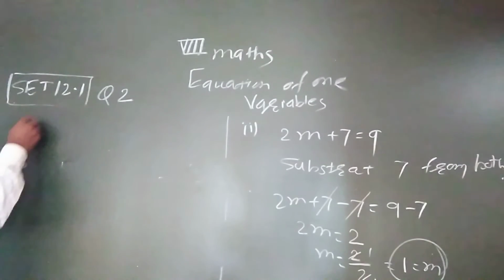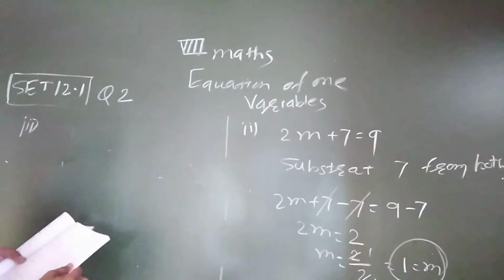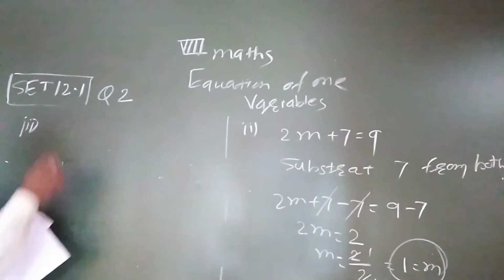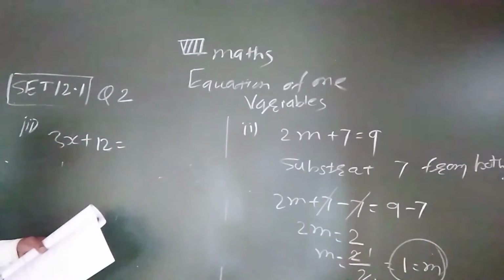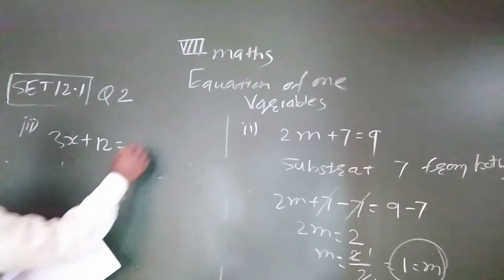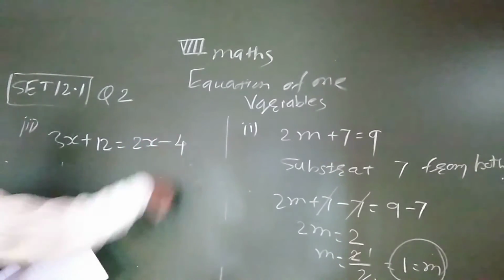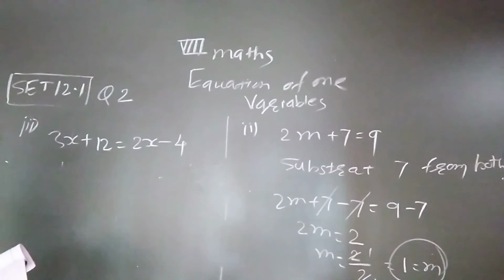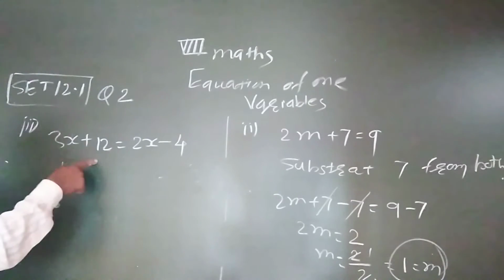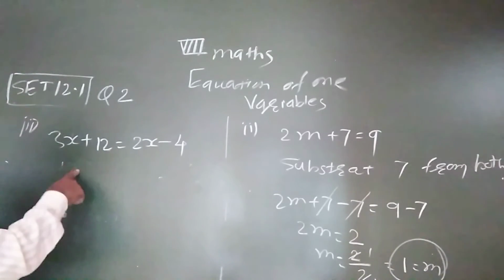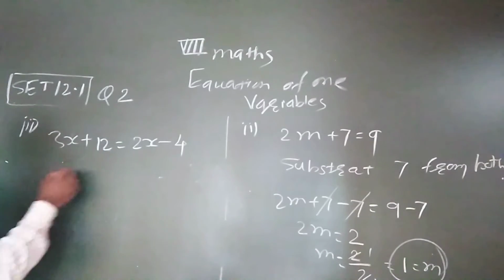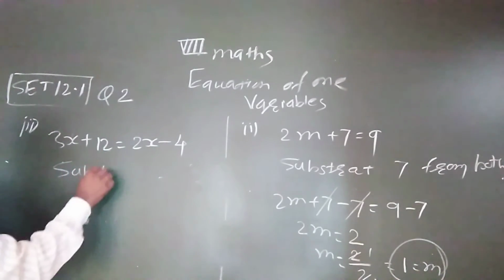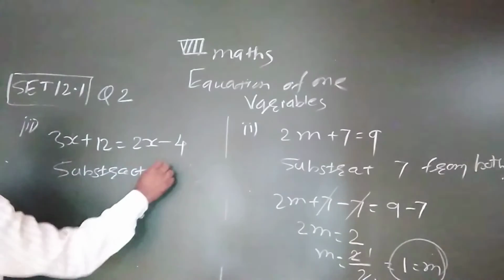Example number 3. I am writing here 3x plus 12 is equal to 2x minus 4. Firstly, we are eliminating the left hand side terms. So to eliminate the 12, we subtract 12 on both sides.